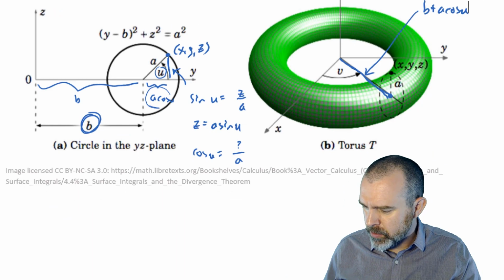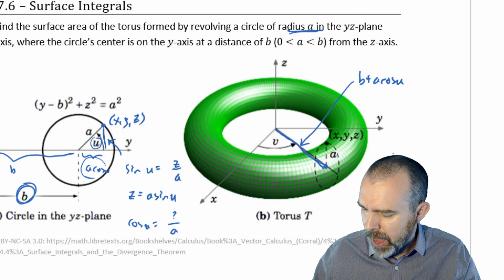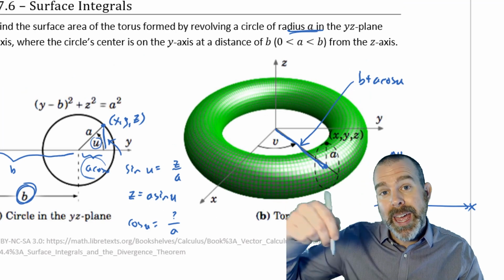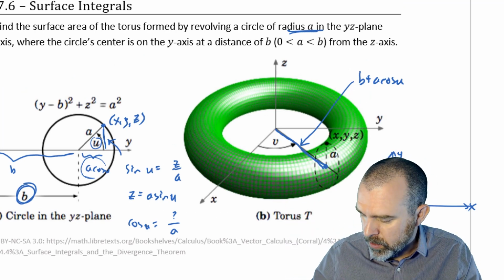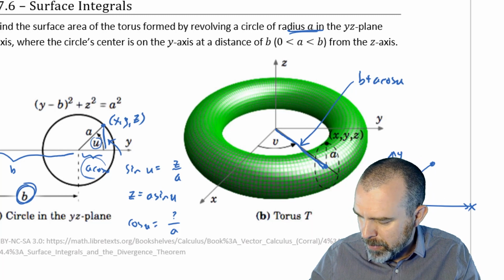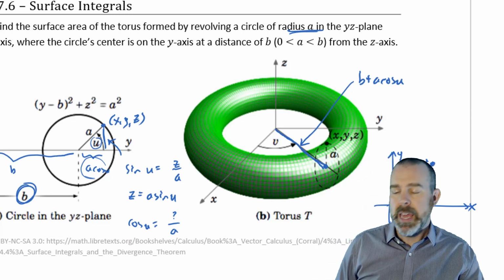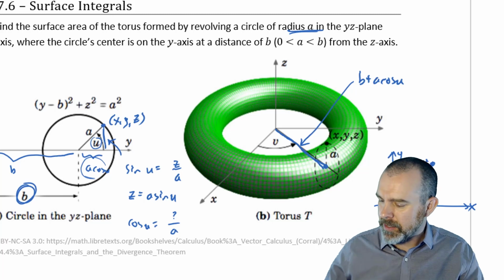If we look in the xy plane, looking at this from above, you have your distance out here, which is b plus a cosine u. And then v is the angle from the positive x-axis. We can do the same kind of analysis here.